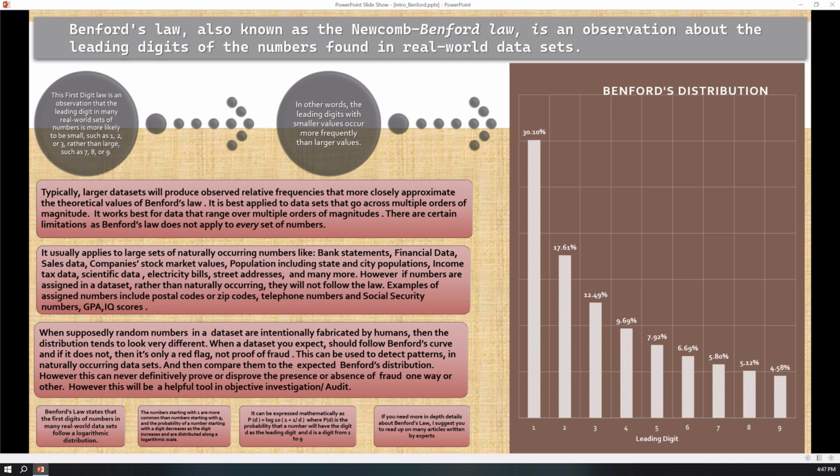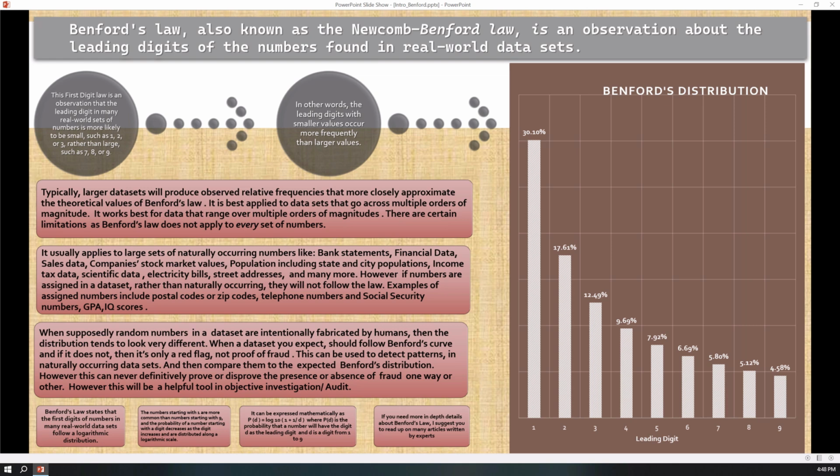That means lower numbers 1, 2, 3 will appear more frequently compared to numbers like 7, 8, 9, right? And as you can see on the graph, on the x-axis, as the leading digit increases from 1 through 9, the frequency decreases. So that is one way of remembering Benford's law.